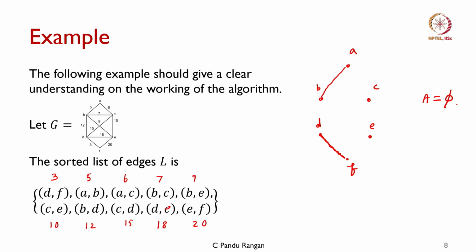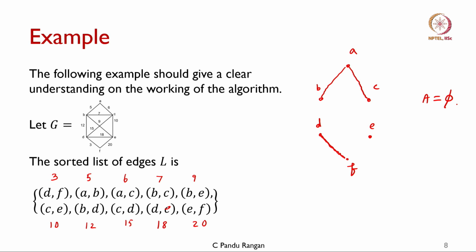The third edge is AC. Let us add AC. If you add AC, still no cycle is formed. You can see that now A has three edges. The new edge that is added is not creating any cycle, okay. It is remaining acyclic. Therefore, we have executed 3 steps of the algorithm and we have collected the 3 edges.